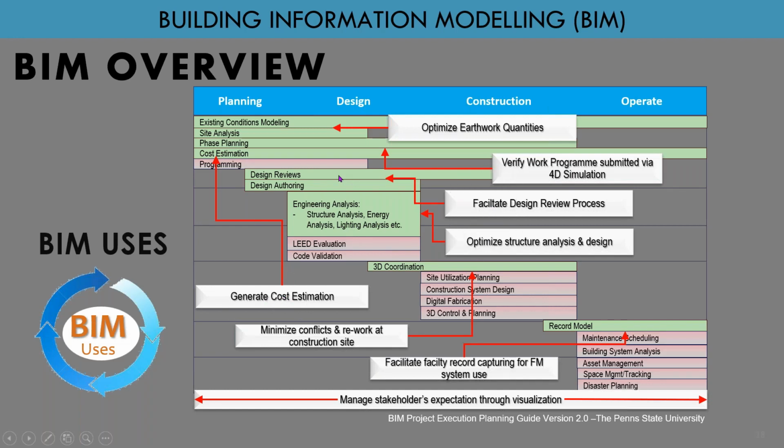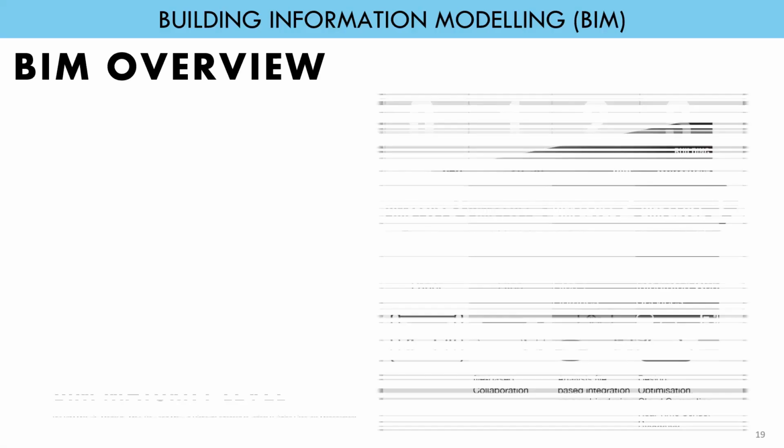For design review and design authoring, we can facilitate the design review process. For engineering analysis, we can optimize structure and design. For 3D coordination, we can minimize conflicts and reworks at the construction site. For the record model, we can facilitate facility record capturing for FM system use. So all of the uses can manage stakeholder expectation through visualization.